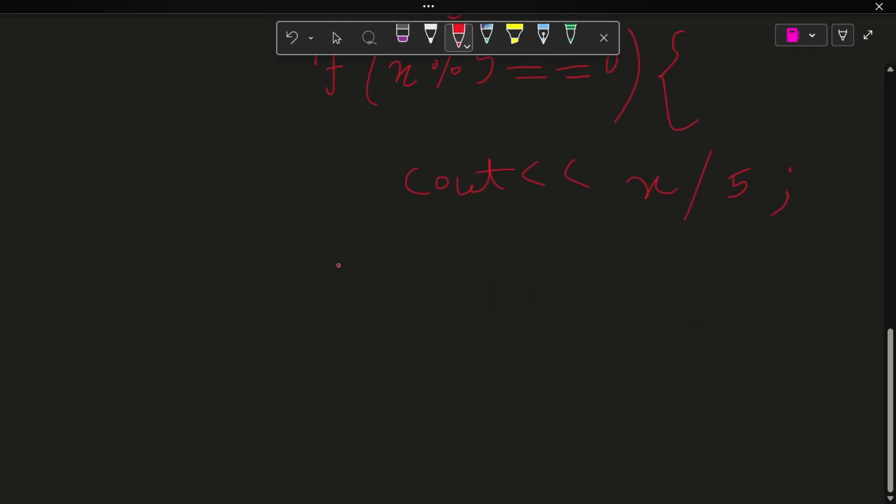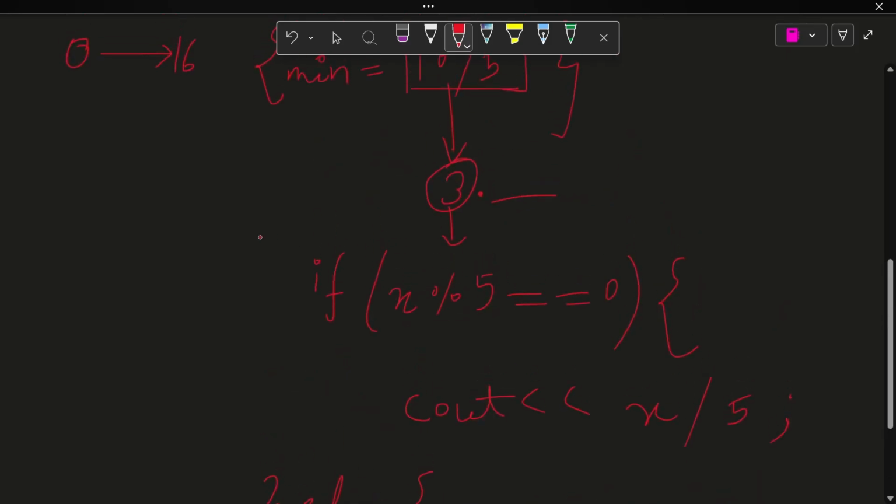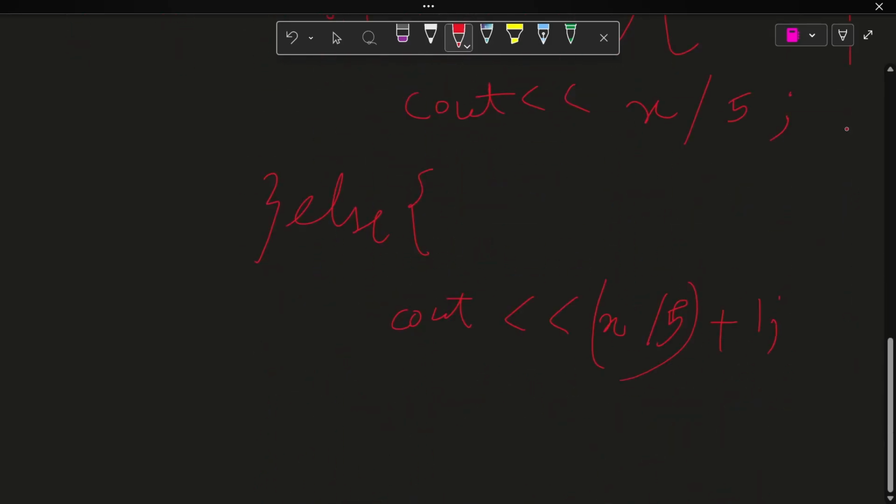And if it is not, which means there is some remainder, then we will simply say you need to add one more step to it. So x by 5 plus 1. Now, this is the logical way by which you can do it.